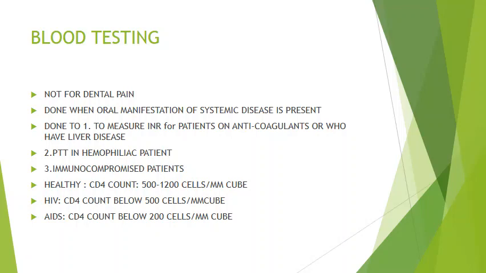Whenever there is systemic disease or any coagulopathy present, we will do this. In general conditions of dental pain, we do not choose blood testing. Only if any systemic disease or immunocompromised condition is given in the history do we choose this option.